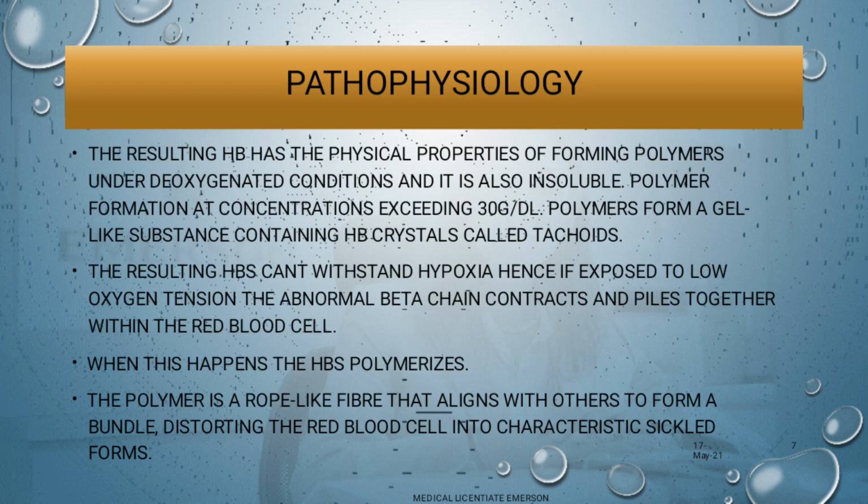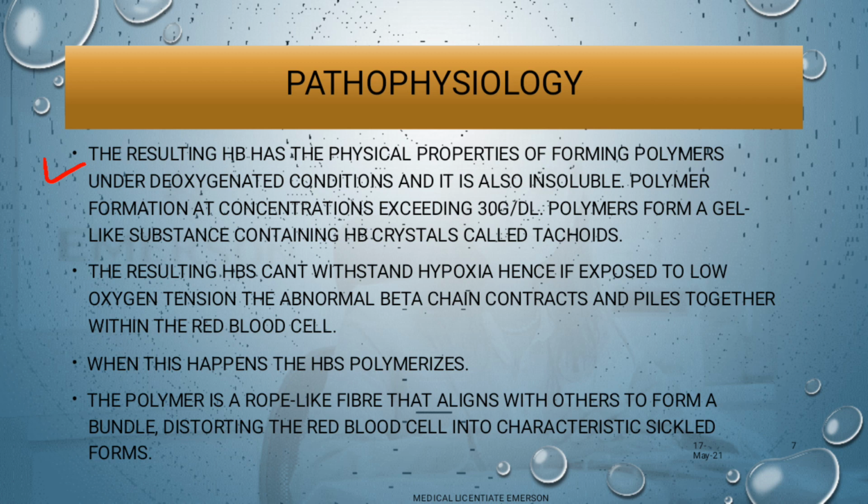Then in terms of pathophysiology, the resulting Hb has the physical property of forming polymers under deoxygenated conditions, and it is also insoluble, with polymer formation at concentrations exceeding 30 grams per deciliter. The polymers form a gel-like substance containing Hb crystals called tactoids.